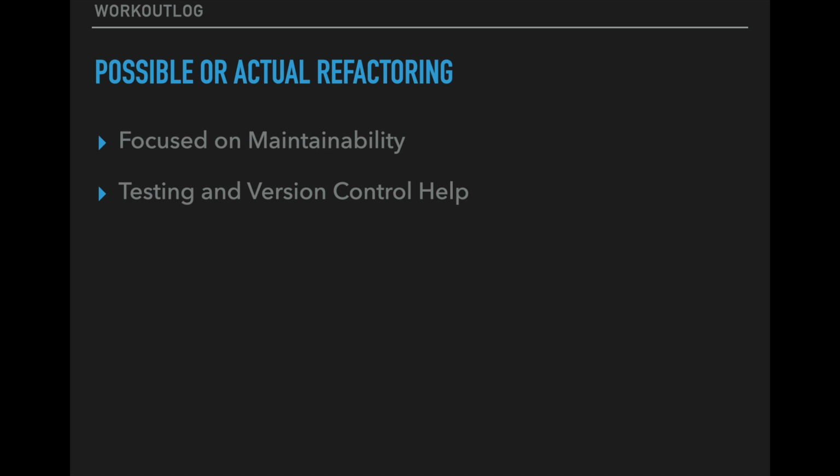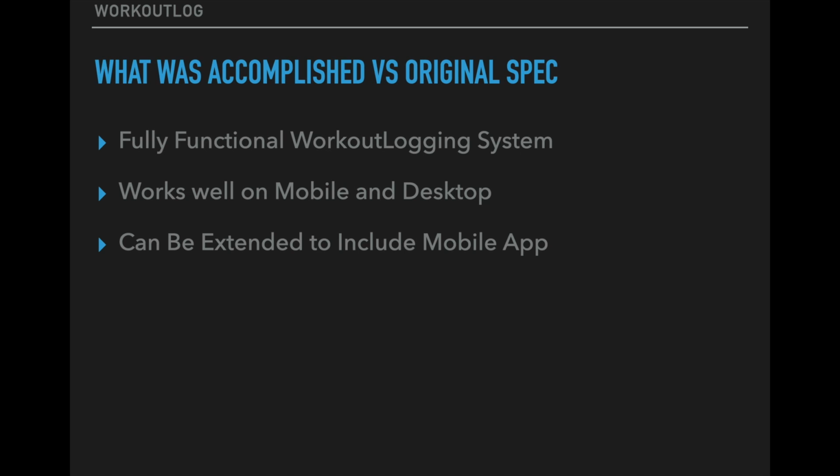And the nice thing about version control and testing is it makes it easier to refactor, because the tests will show you if you've made some kind of breaking changes, and then version control makes it easy to roll back your changes and go back to a working version of your application.